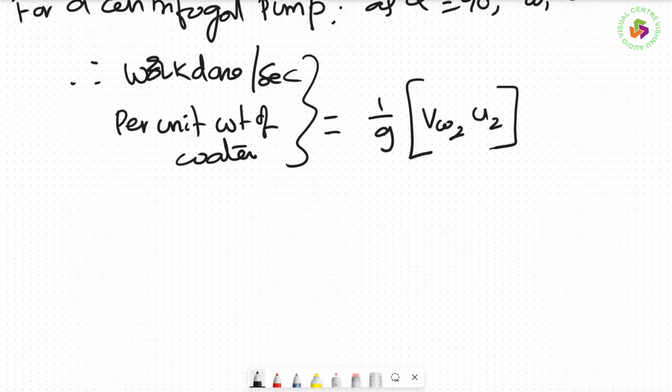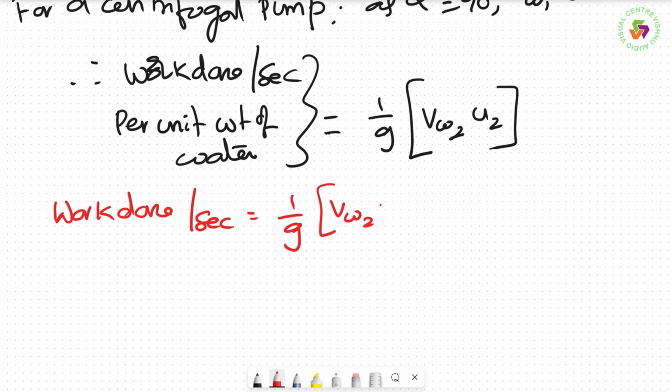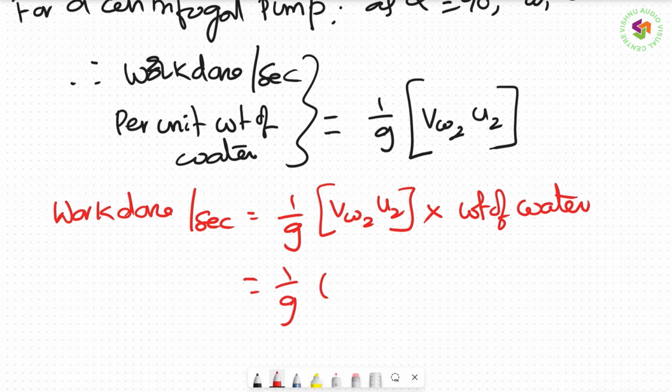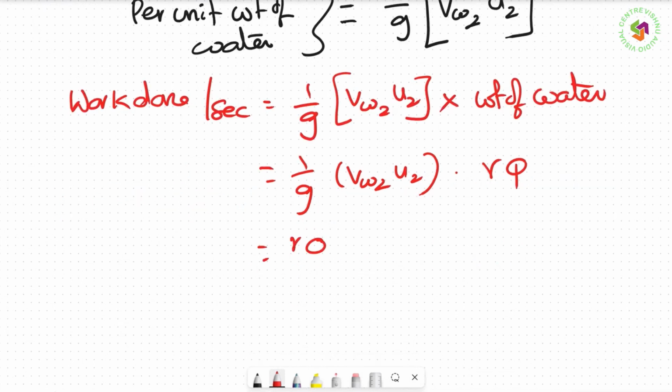Suppose you want the total work done per second. It is 1 by G VW2 U2 into the weight of water, so it is gamma Q by G into VW2 U2. This is what you will get.